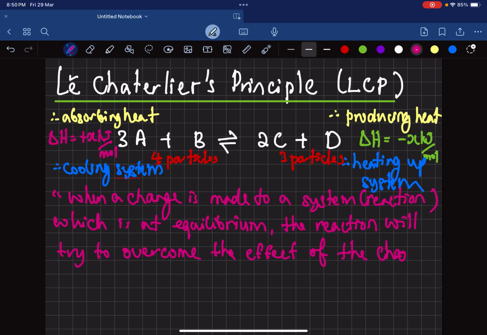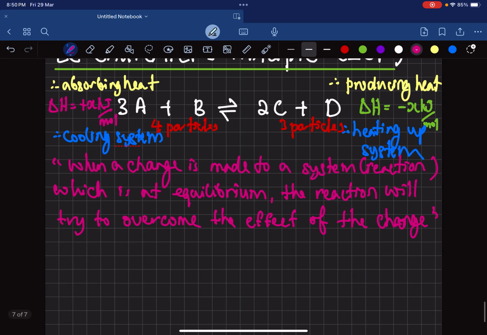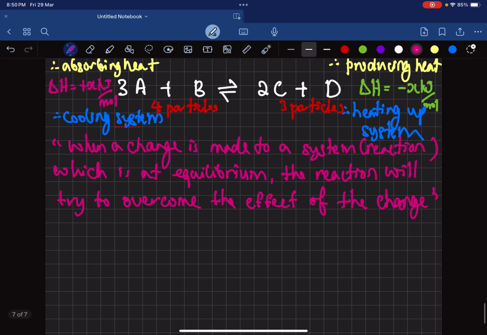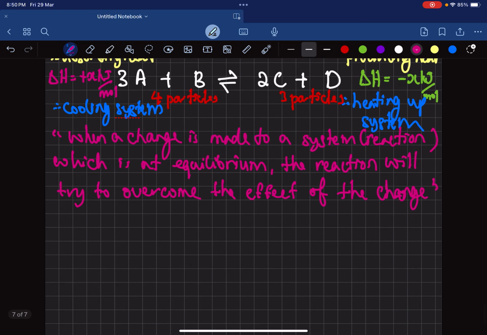For example, the system is at equilibrium, you introduce a change, so the reaction will try to overcome the effects of the change.